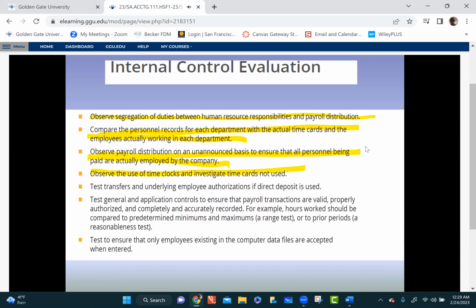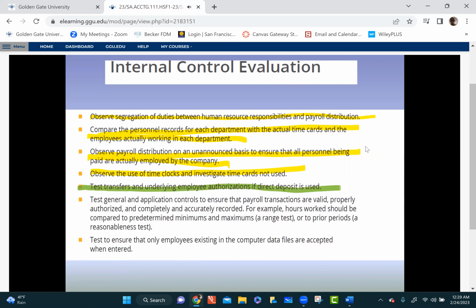If direct deposit is used, and everybody uses direct deposit, what you would do is look to see what the direct deposit authorization was. Then you would say, okay, can we please see the record of where money was distributed? The employee puts the routing number that they want that money to go to.